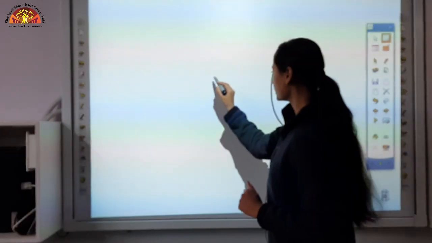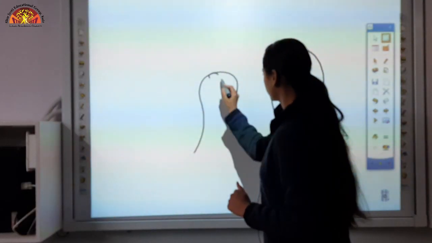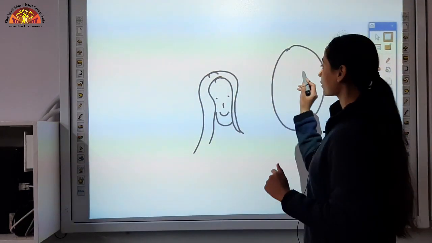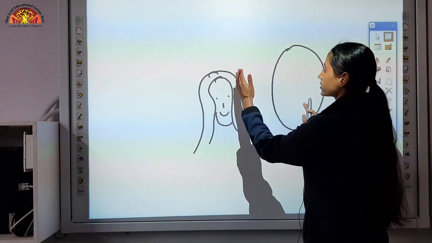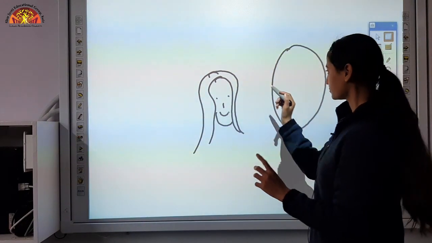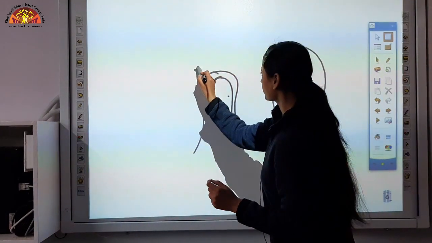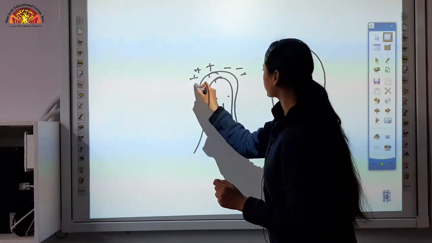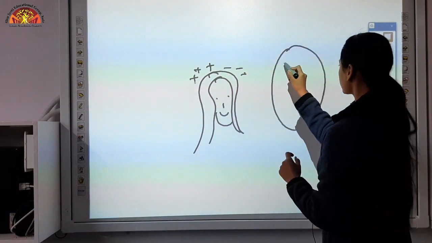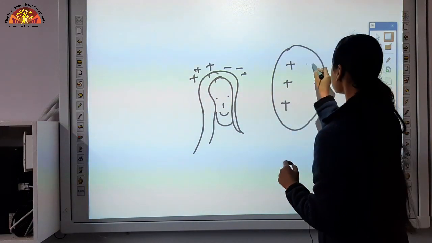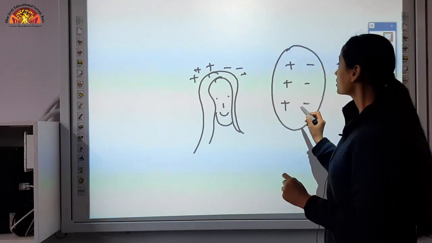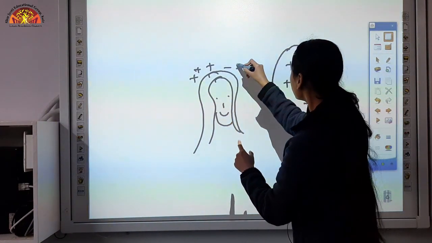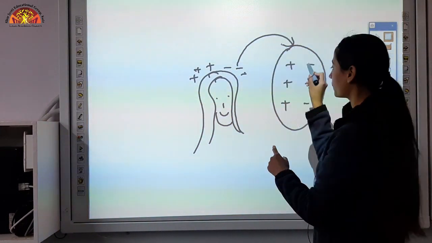This is our balloon, and let's say this is a girl. When she rubs this balloon against her hair, the electrons get transferred. Let's say initially 3 protons and 3 electrons are there, and in this balloon also 3 protons and 3 electrons. After rubbing, the electrons of this girl get transferred onto this balloon.